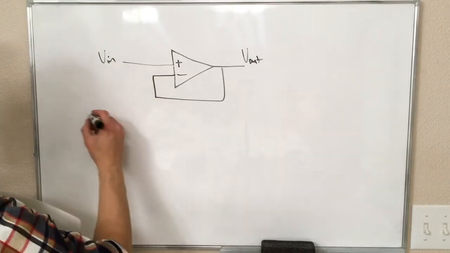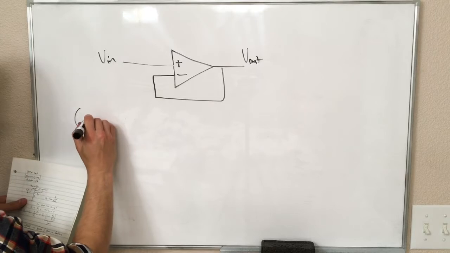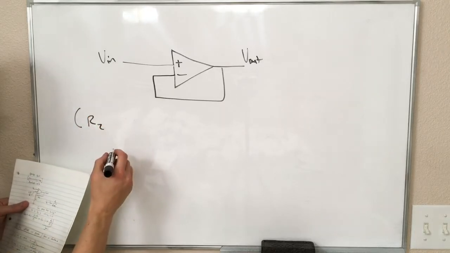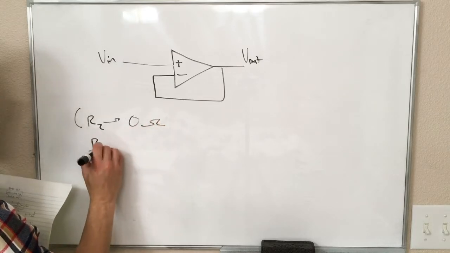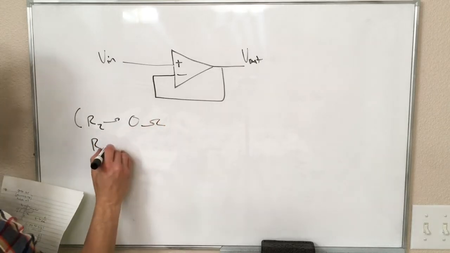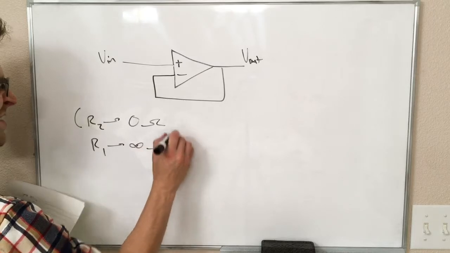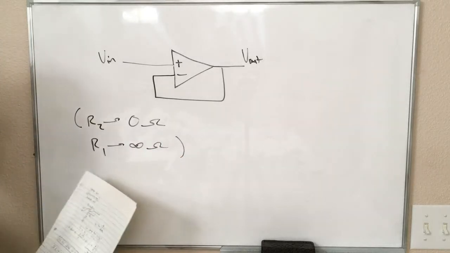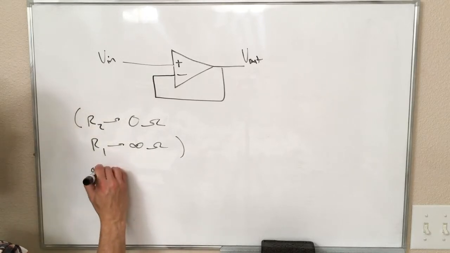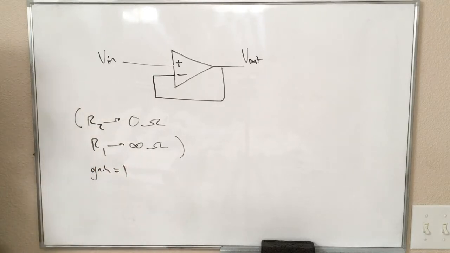So we can kind of think about this like the non-inverting amplifier, where R2, the feedback resistor, is set to 0 ohms, and R1, which is the resistor to ground, is set to like an infinite number of ohms. If you plug those into our gain equation, this gives us a gain of 1.